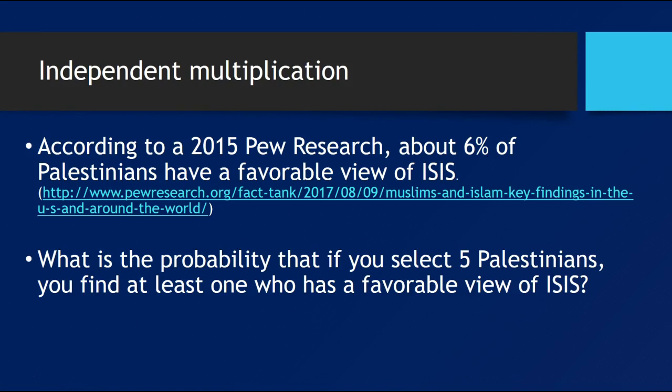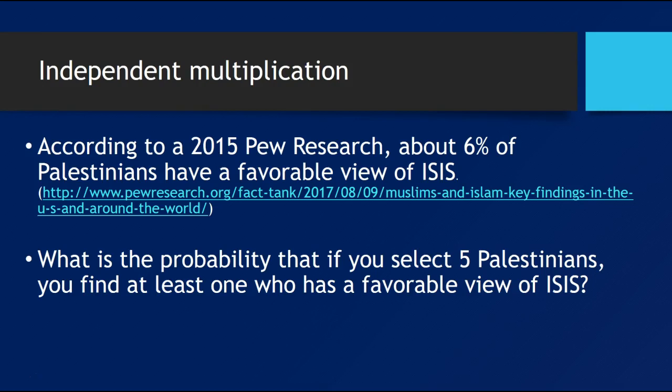So because I have such a large group, picking one person from Palestine, and then picking another person from Palestine can be considered independent events. Okay? Again, they're not truly independent because after I get person A, I can't pick person A again, but it's not going to change those numbers at all. It's not going to change that 6% number.